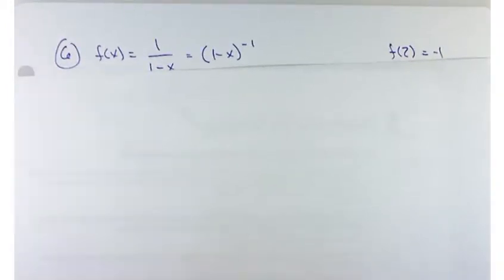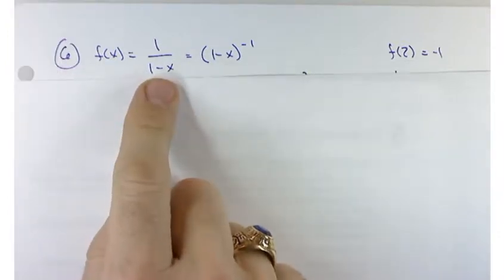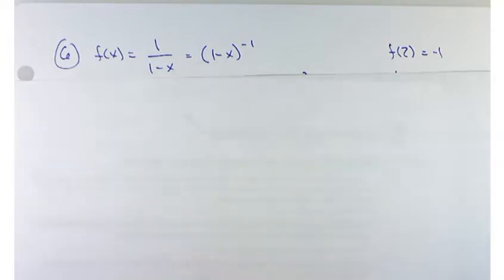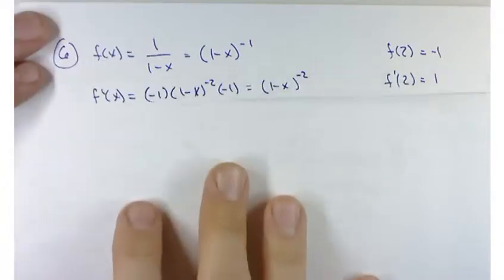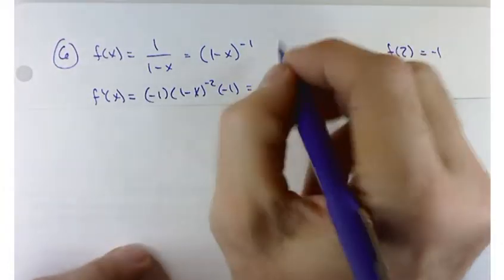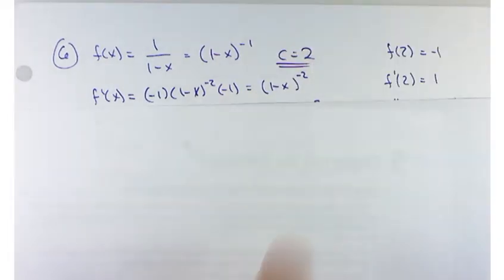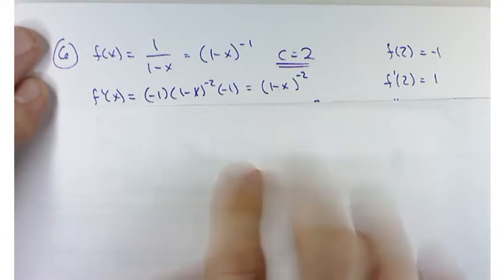Problem number 6. Here's problem number 6. You get f of x is 1 over 1 minus x. So what if you wanted a Taylor series for this? Well, our series is going to have a center at 2, so c equals 2. You can calculate some derivatives.